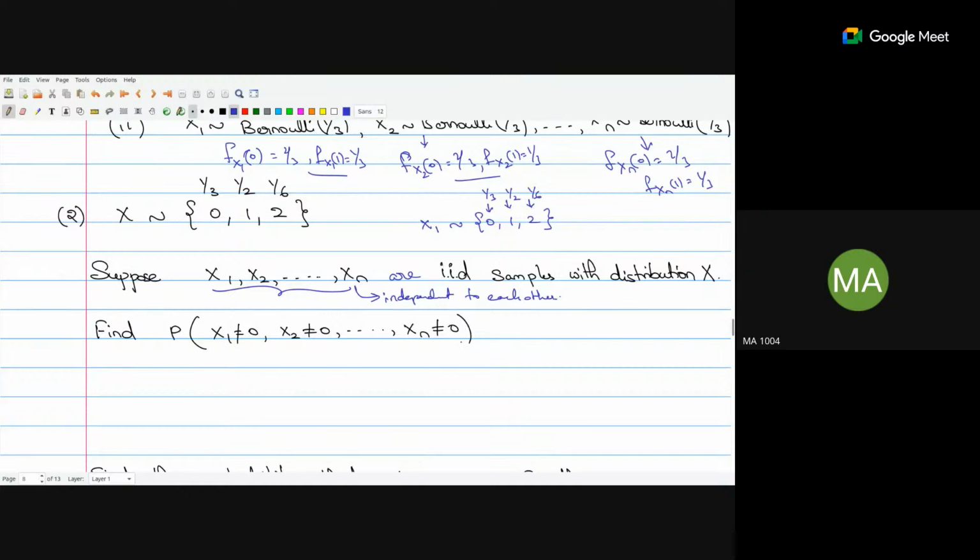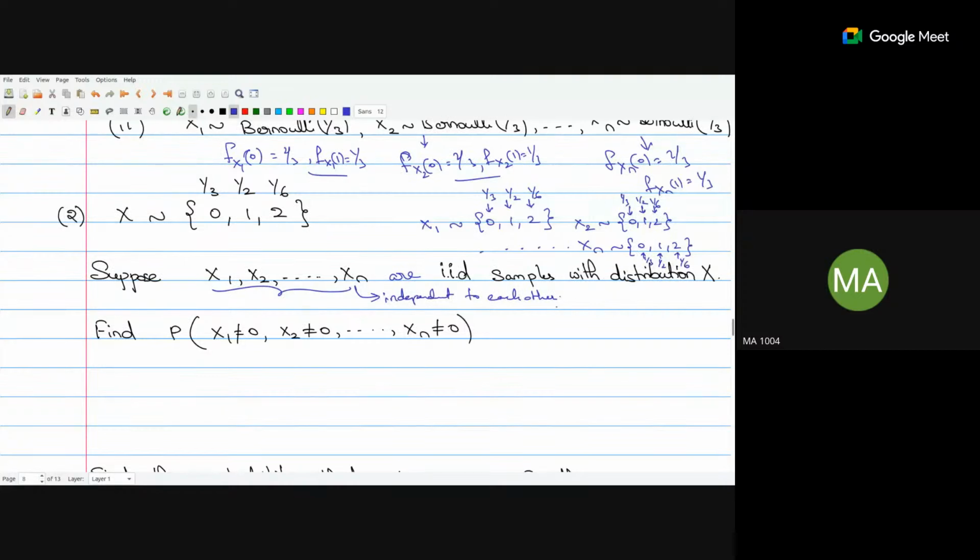So this is the distribution of x1. Similarly, x2 also follows 0, 1, 2 with probabilities 1 by 3, 1 by 2, 1 by 6, and so on, xn will also follow 0, 1, 2 with probabilities 1 by 3, 1 by 2, 1 by 6.